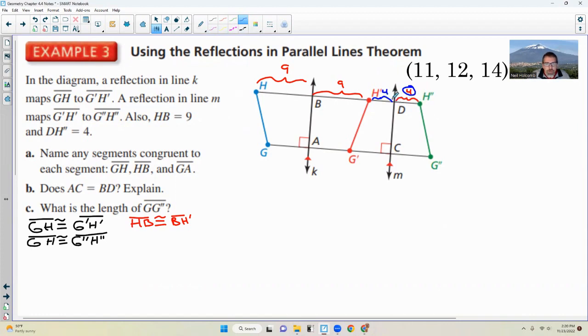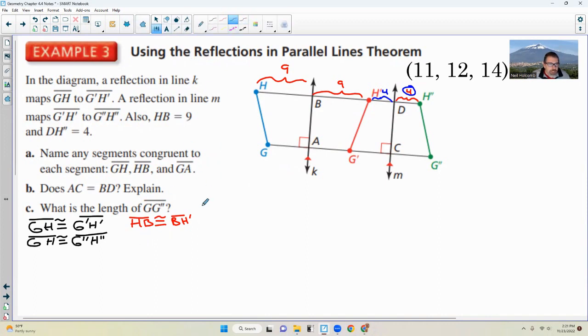So if this is 4, this is 4. Then we want to know what GA is congruent to. So where is GA? GA is right here. They didn't talk about H prime D, so we want to look at GA now.